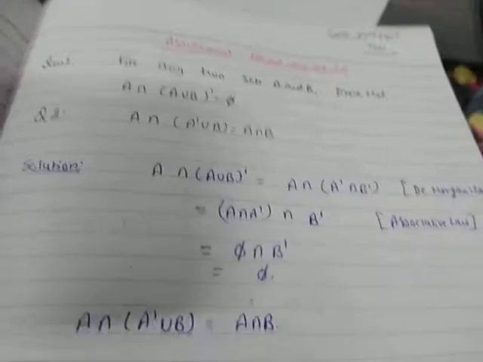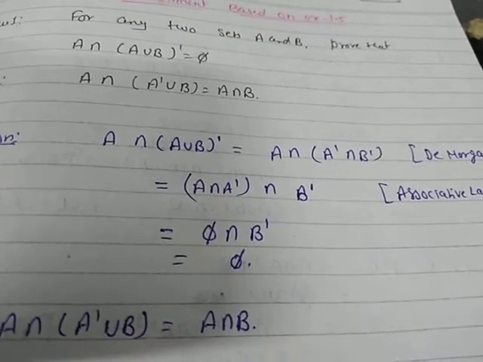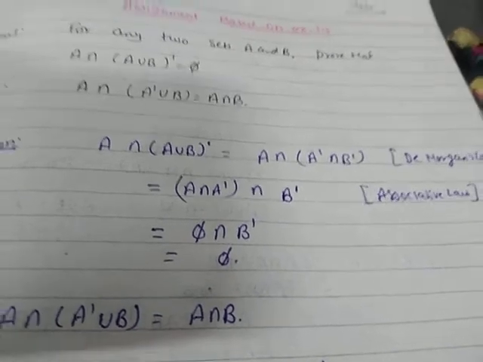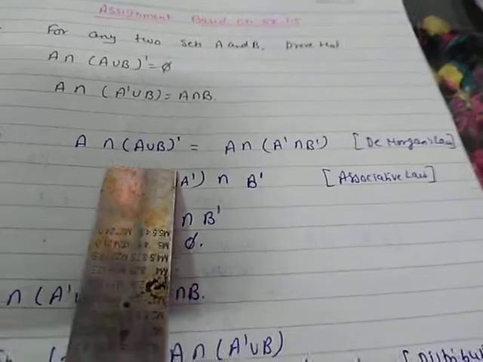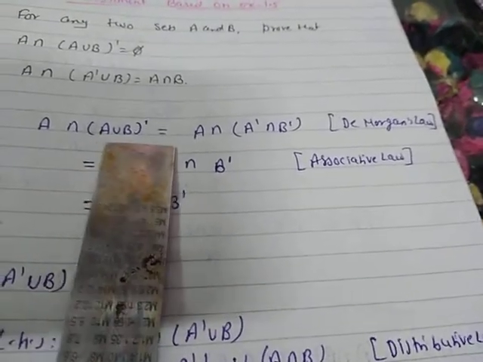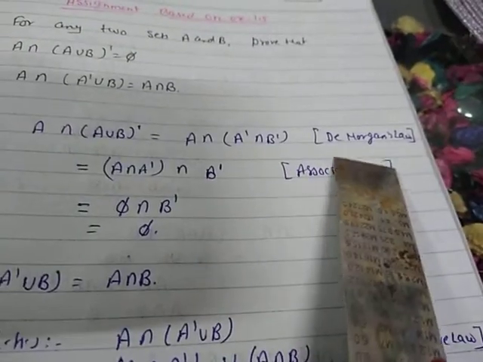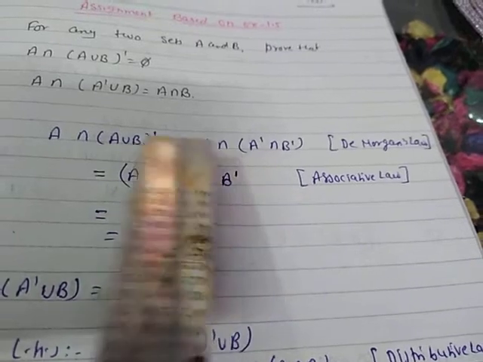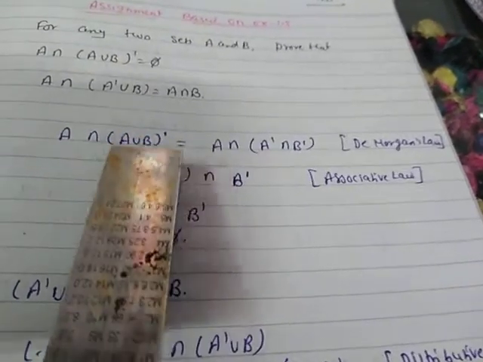Okay, now the first part is A intersection (A union B) whole complement is equal to, taking LHS, this is your LHS. Now (A union B) complement, definitely here we can apply De Morgan's law. De Morgan's law: (A union B) complement is equal to A complement intersection B complement.